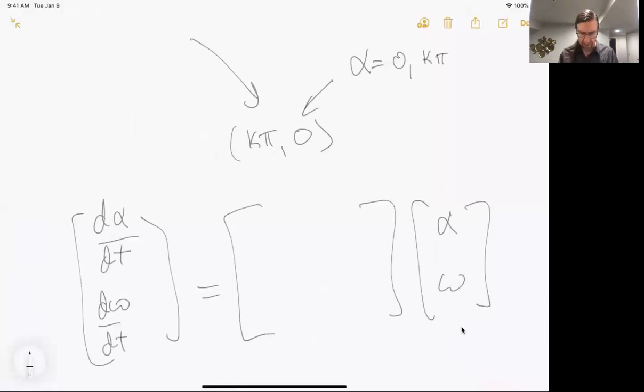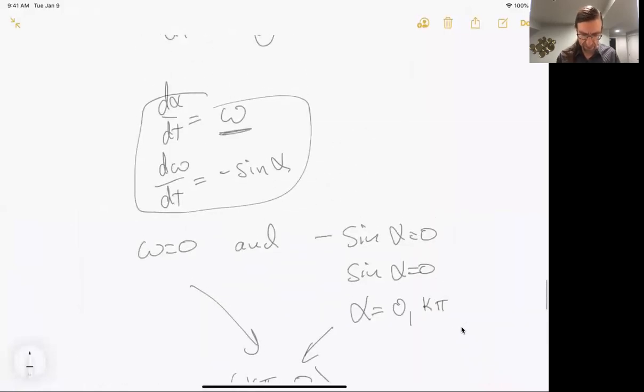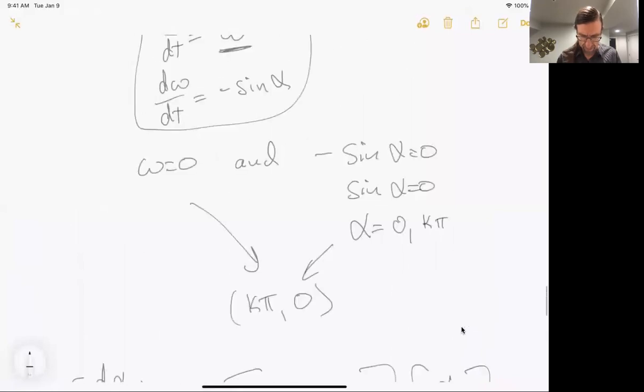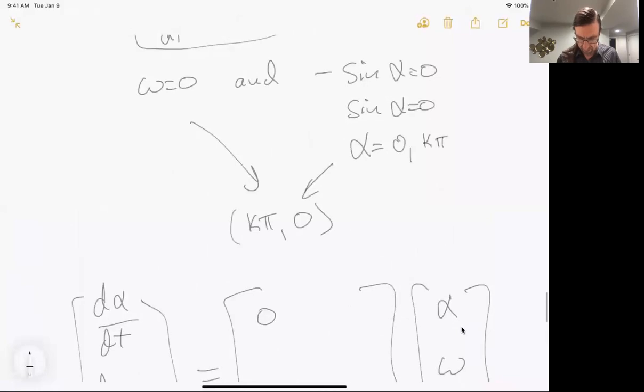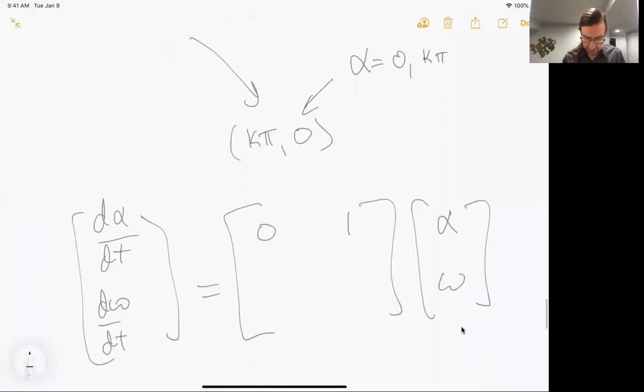And to get the linear system, I've got to first take the partial of the first function with respect to α, that's 0. Then I take the partial of this first function with respect to ω, 1. Then the partial of the second function with respect to α. So I have the derivative of negative sine, which is, well, the derivative of sine is cosine, so I have -cos α.